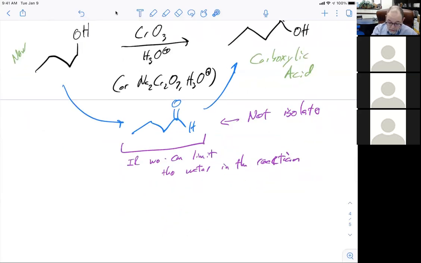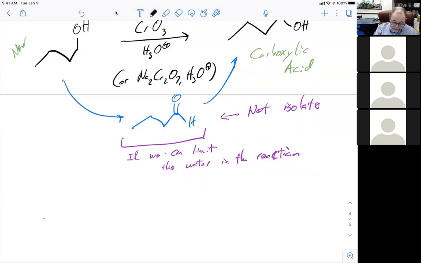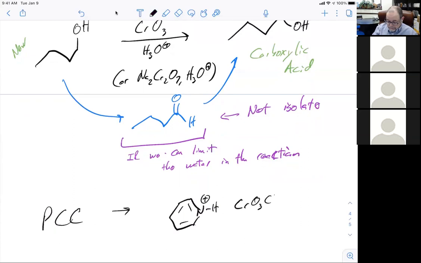So the reagent that we use for that is PCC. PCC is pyridinium chlorochromate. All right, so we got a chloro, this, so pyridinium.